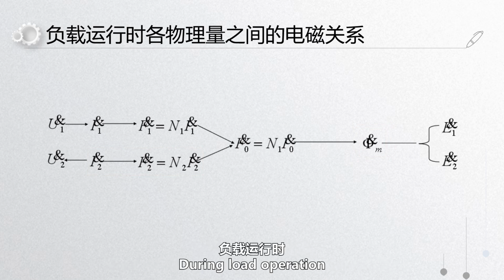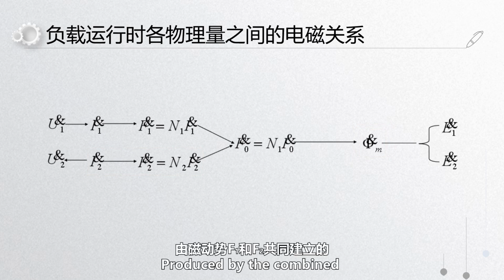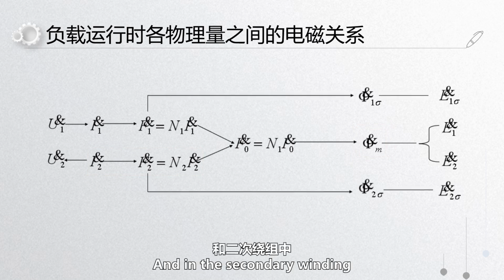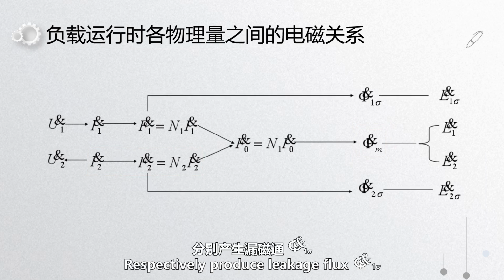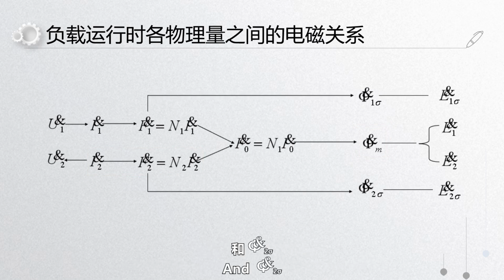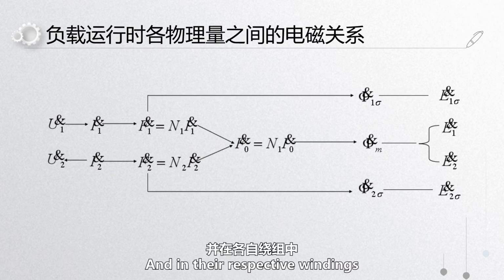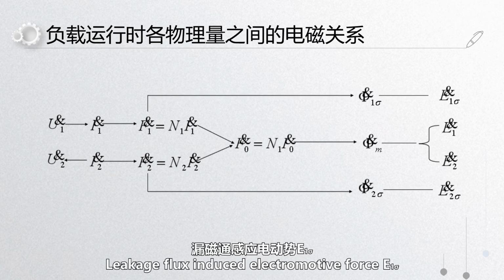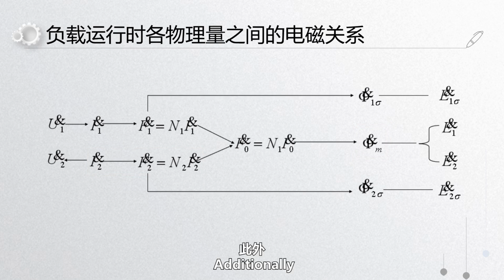During load operation, the main magnetic flux phi m is actually produced by the combined magnetic forces F1 and F2. Simultaneously, F1 and F2 in the primary winding and the secondary winding, respectively, produce leakage flux phi 1 sigma and phi 2 sigma, and in their respective windings produce leakage flux induced electromotive forces E1 sigma and E2 sigma.